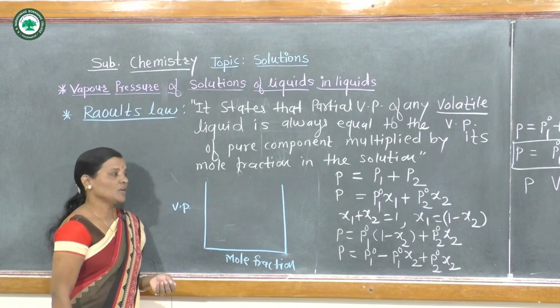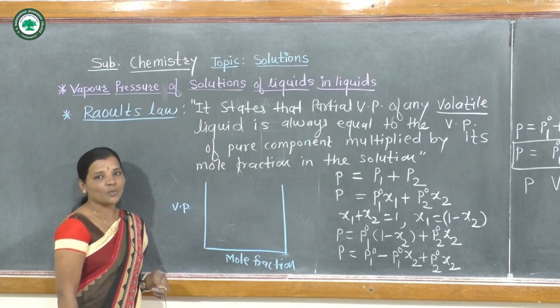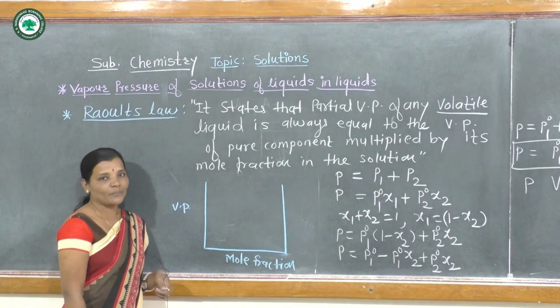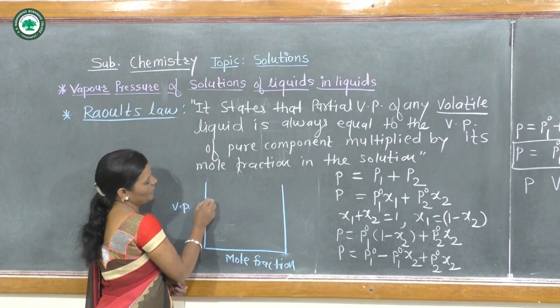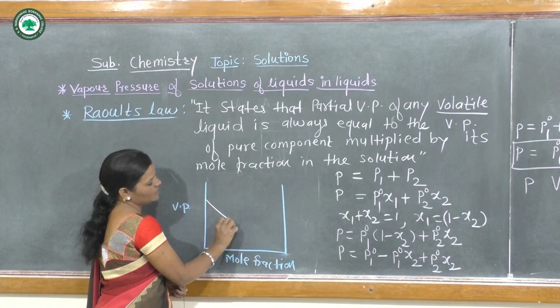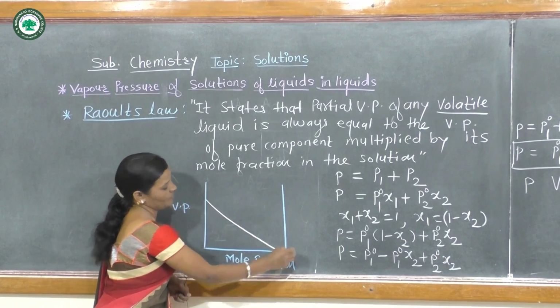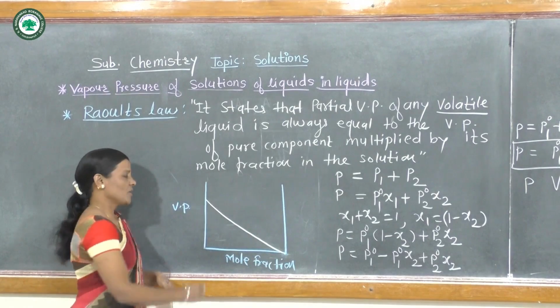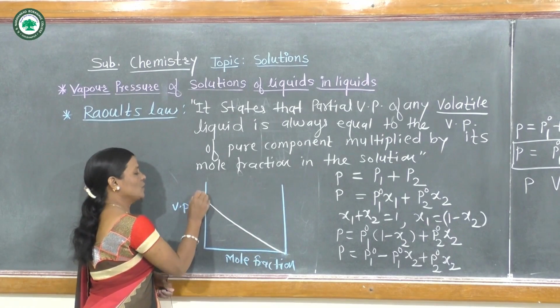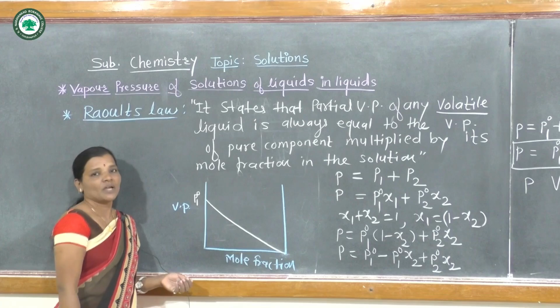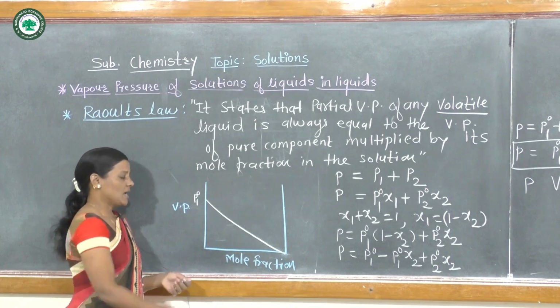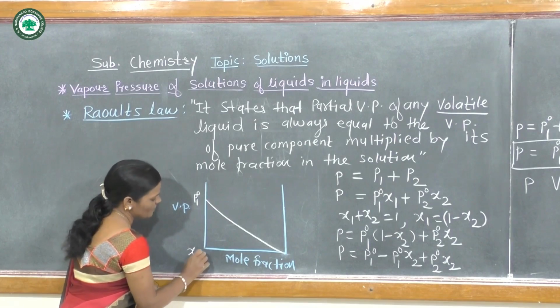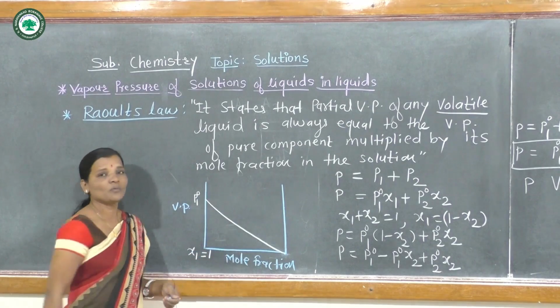Now here we know that for the A1 component, its own vapor pressure is P01. If we consider P01 at this position, then here we will get a straight line that goes to 0. This one is P01, the vapor pressure of the first volatile component A1, and its mole fraction is X1 equal to 1.